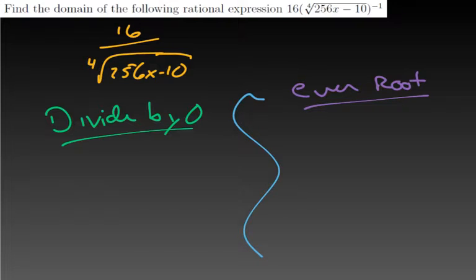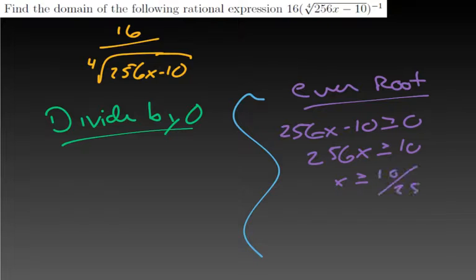So the even root part, you can just always take the inside and set it greater than or equal to 0. So 256x minus 10 is greater than or equal to 0. x is greater than or equal to 10 over 256. And then for the divide by 0 part, right, if you take the 4th root of 0, you'll get 0. So you just need 256x minus 10 to equal 0, right?